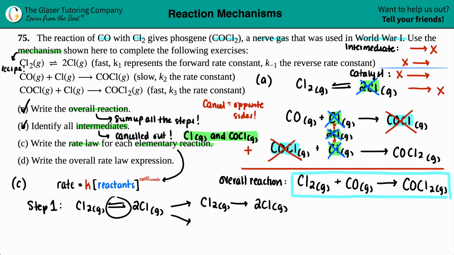That's what these double arrows mean, so that you can have a forward and a reverse reaction. So you can have the 2 Cl's going towards the Cl2. And because you have this double arrow, technically you have 2 individual rate laws.